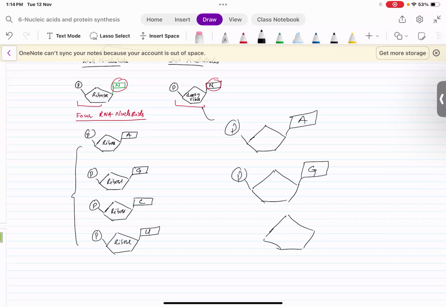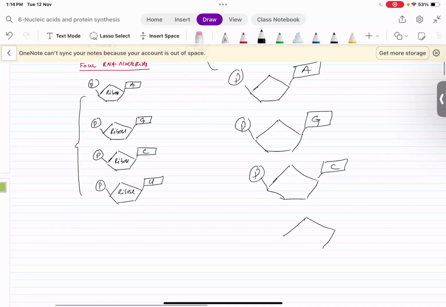They will have a phosphate group, and they will have cytosine here. DNA nucleotides differ from RNA nucleotides in 2 ways, and they would have thymine here and phosphate here. So this is deoxyribose sugar.